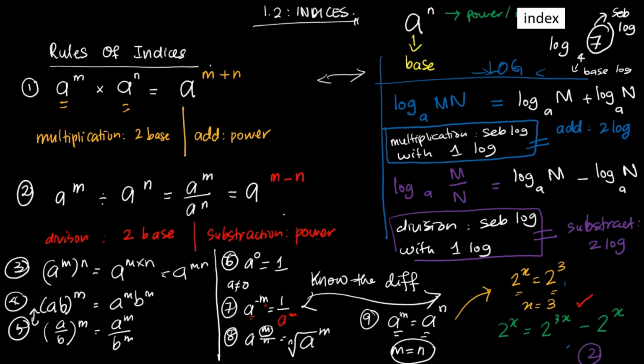Okay, let's change the question so that we are able to solve it. 2 power of 5. Okay, if you notice here, it has the same base, but you can't solve it, right? Alright, it can't be solved because you have a subtraction operation here. It must be single with single before we can compare.